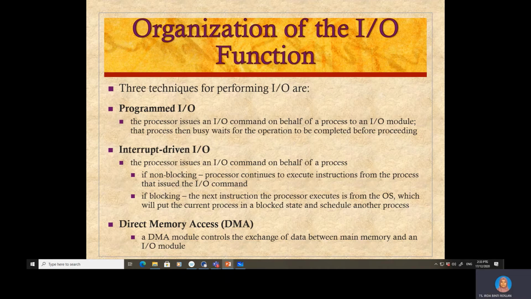That process then busy waits for the operation to be completed before proceeding. So it has to wait until the procedure is complete. This is programmed I/O.